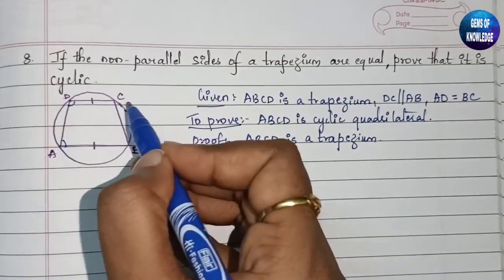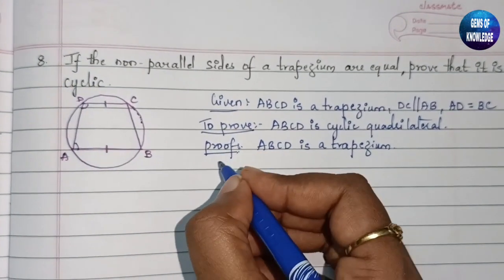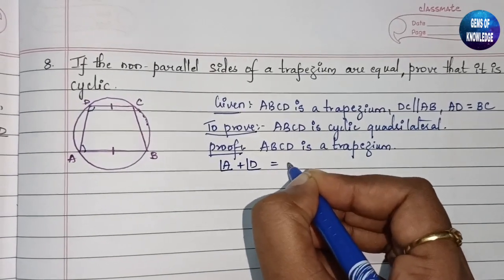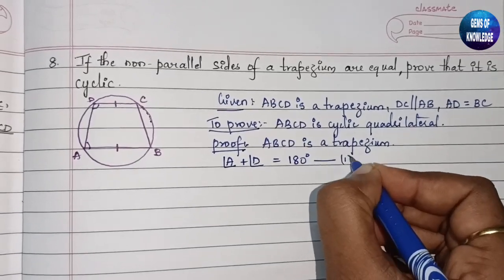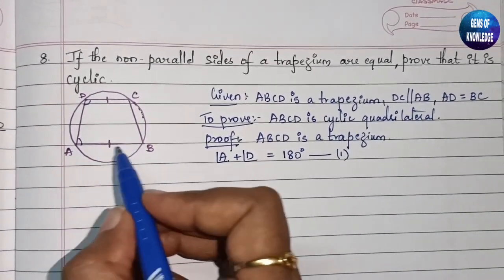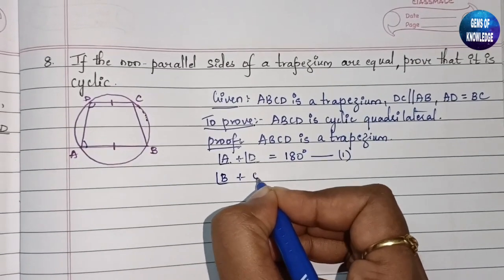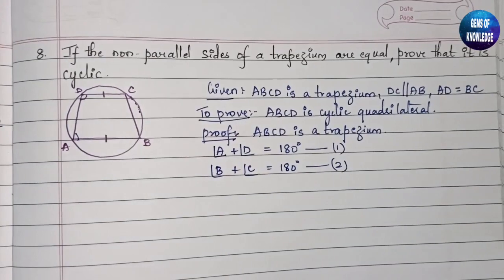Whatever two sides, side by side, the two angles will be equal to 180 degrees. So we will write angle A plus angle D is equal to 180 degrees. We'll keep this as equation 1. Similarly, we may write angle B plus angle C is equal to 180 degrees. We'll keep this as equation 2.